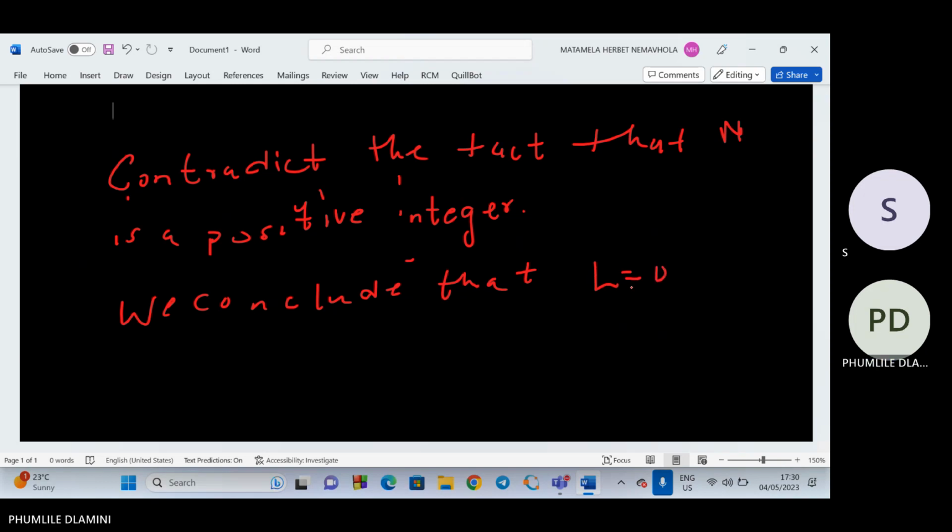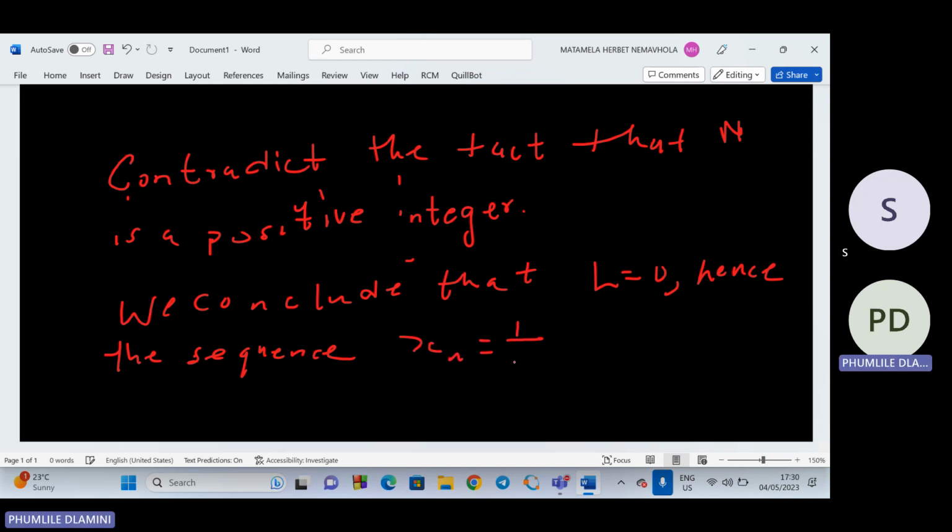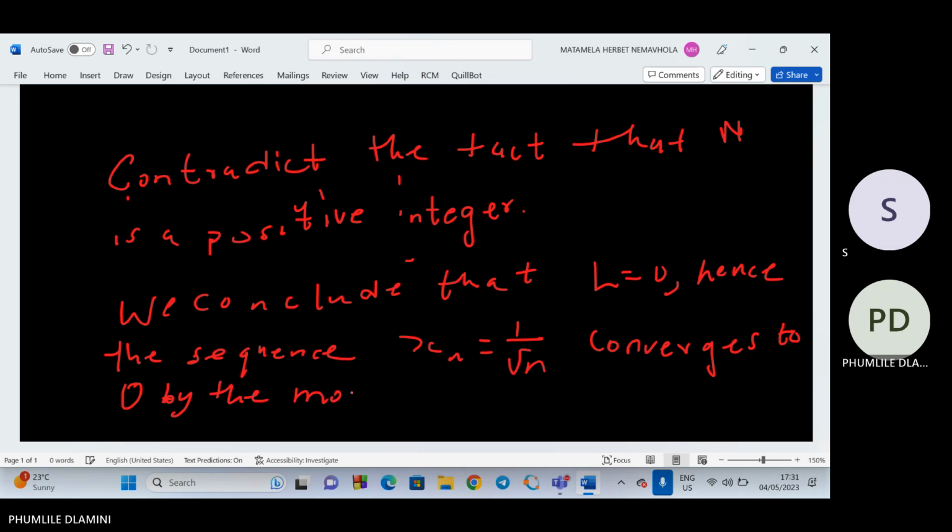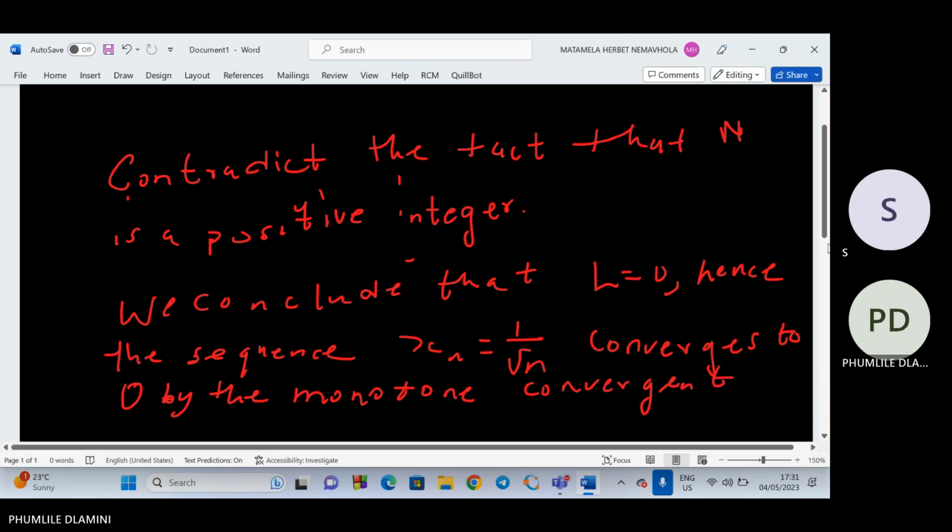L equals 0. Hence, the sequence xn, which is equal to 1 over square root of n, converges to 0 by the monotone convergence theorem.